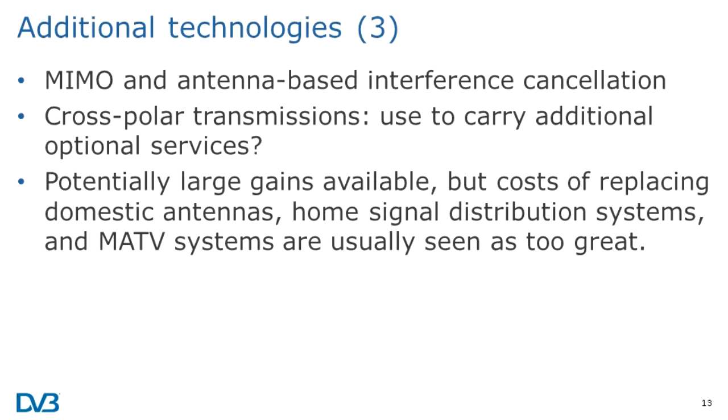There are potentially large gains available if we do this sort of thing, but there are also some problems because the costs of replacing domestic antennas become quite significant. If you go out now and get an installer to put up a new receiving aerial for you, you might be paying, it varies a bit from one region to another, but it might be £150 or something of that order.